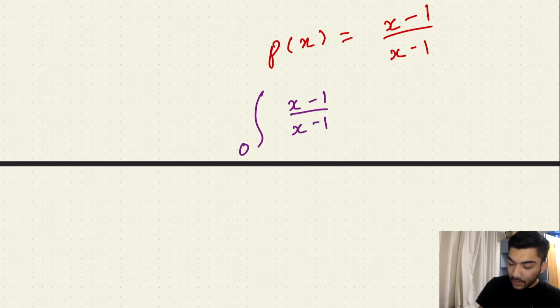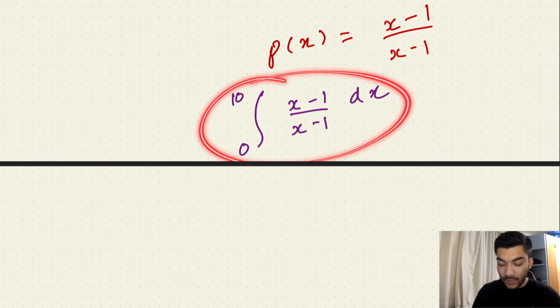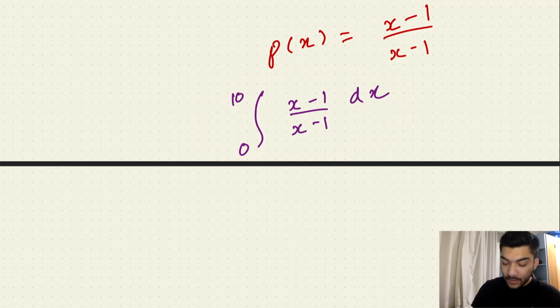Let's take the same limits, from x equals 0 to x equals 10 dx. You know that this function is not defined at x equals 1, and you also have x equals 1 in the interval. But since we are calculating the integral, this x minus 1 expression becomes a removable discontinuity term.